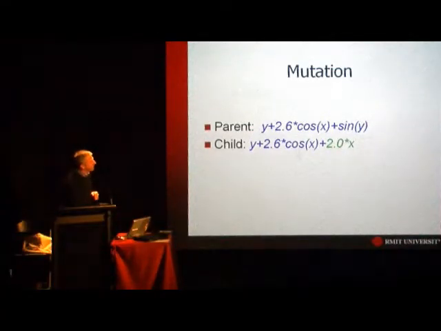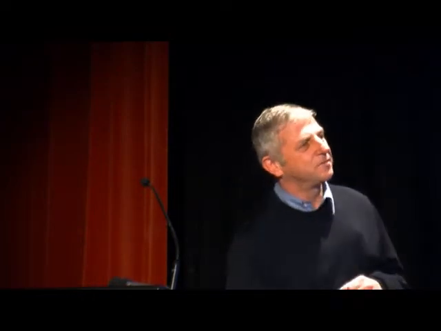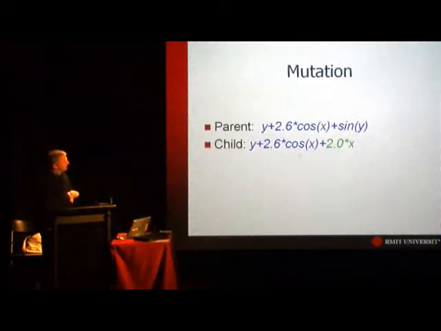Mutation is kind of pretty straightforward. We're just going to say we'll take a piece of this one and throw it away and randomly generate a new piece of the formula, and here's the new child. So you can see that seems reasonably straightforward.